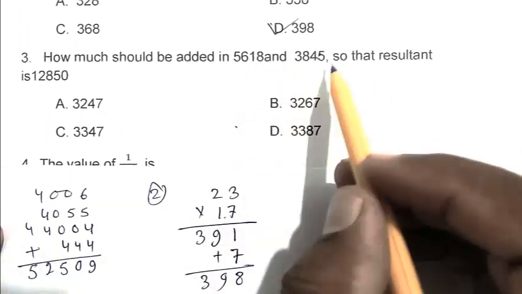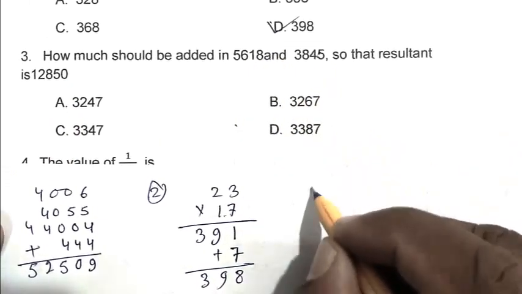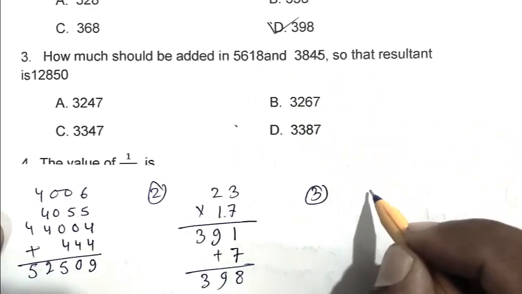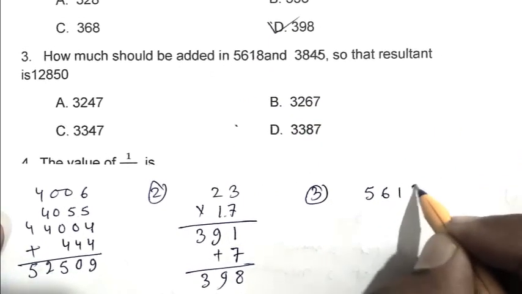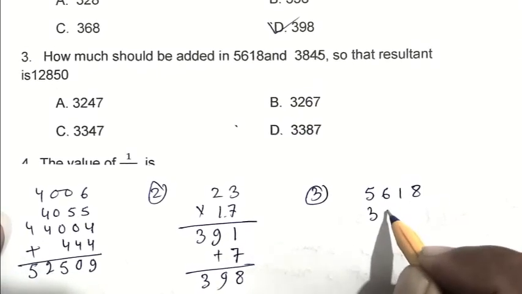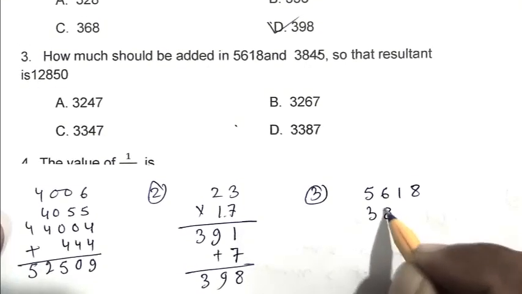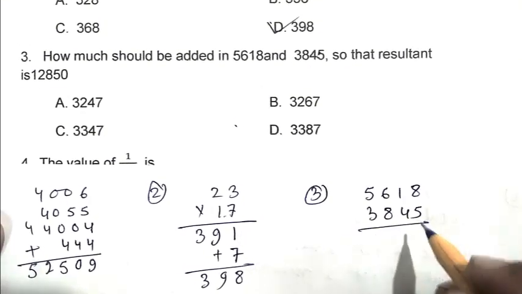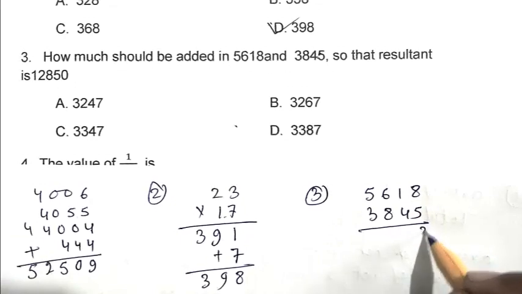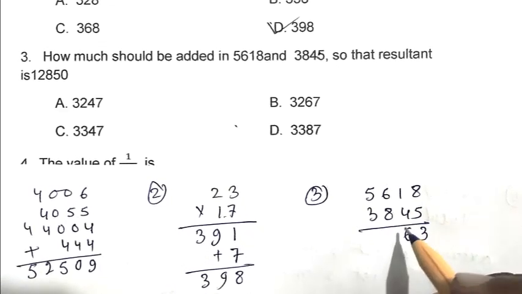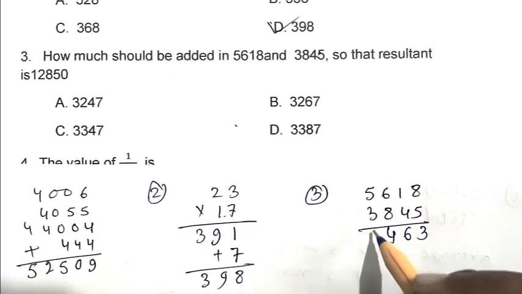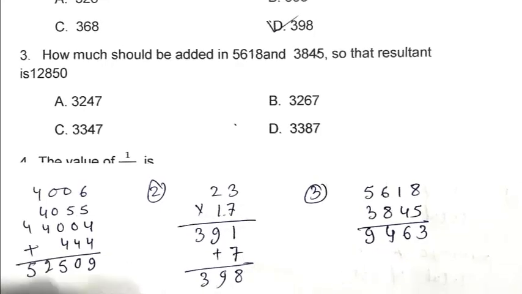First we add these two, 5618 and 3845, we get 9463.